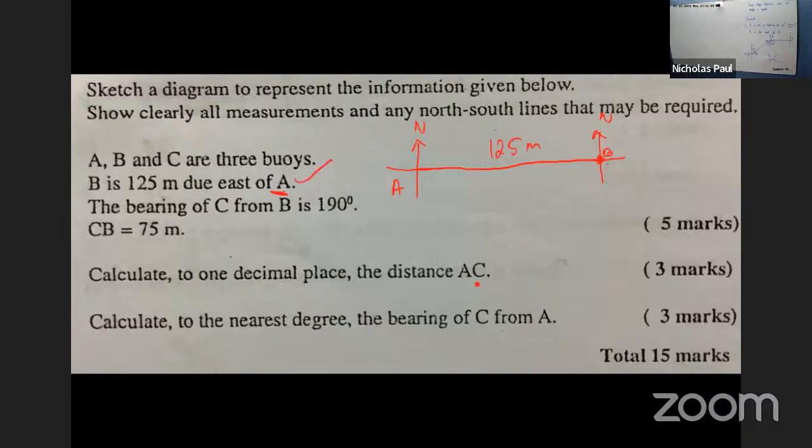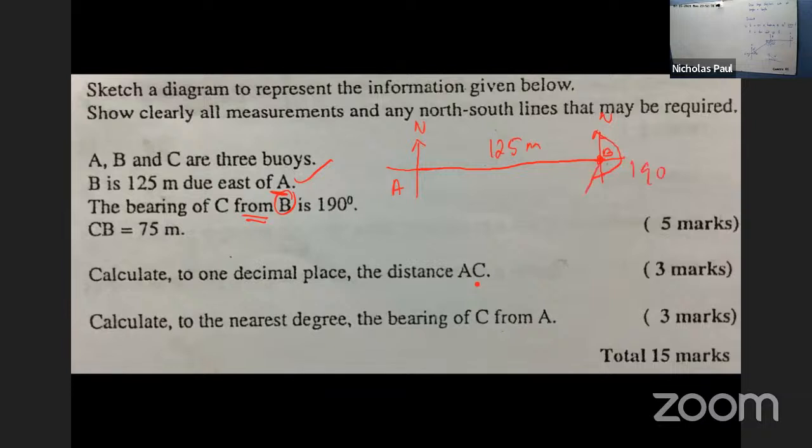Now they said the bearing of C from B is 190. So I'm starting from B and I go to C. I'm starting from the north and going 90, 180, then 10 degrees more. So I'll stop right there. That's 190. I'm going to show you again: 90, 180, so about right here is 190.